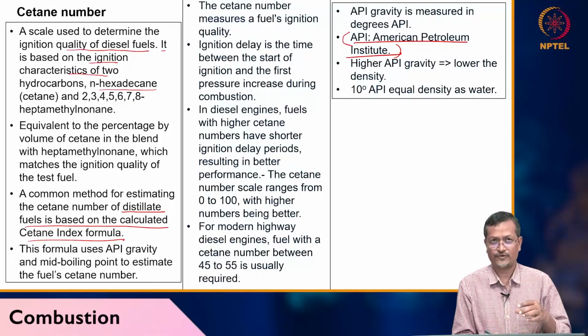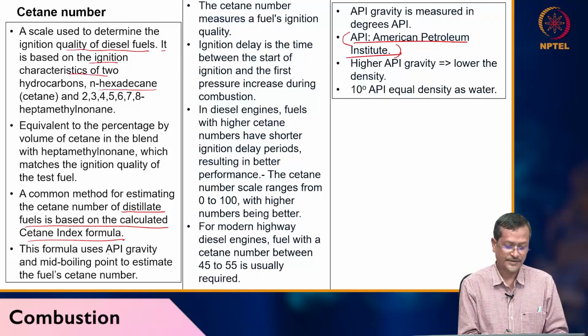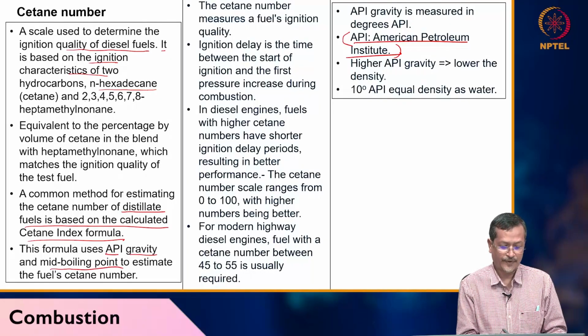Because you are using petroleum fluid for your offshore machinery or ship fuel, you have to follow the API formula. This formula uses API gravity and mid boiling point to estimate the fuel cetane number.